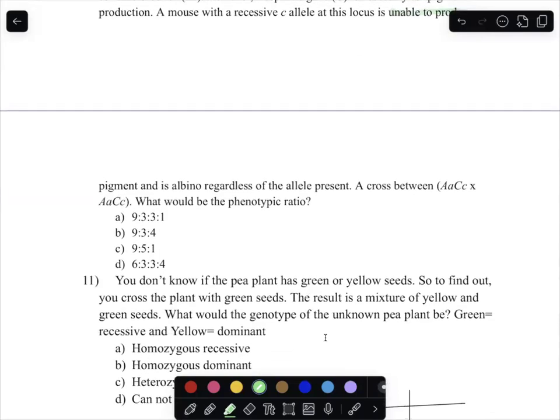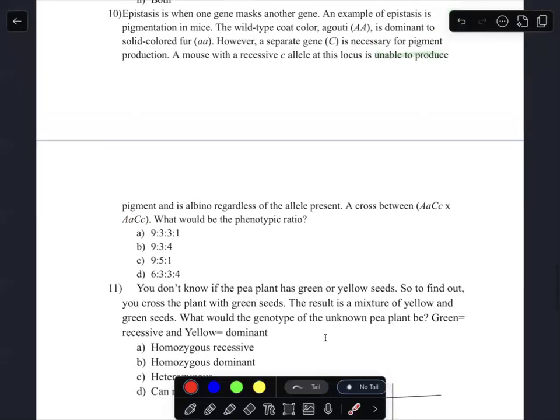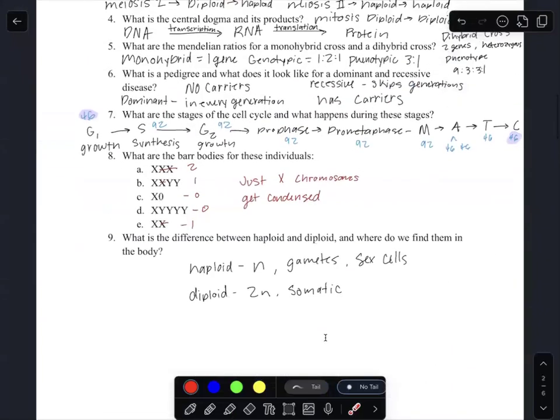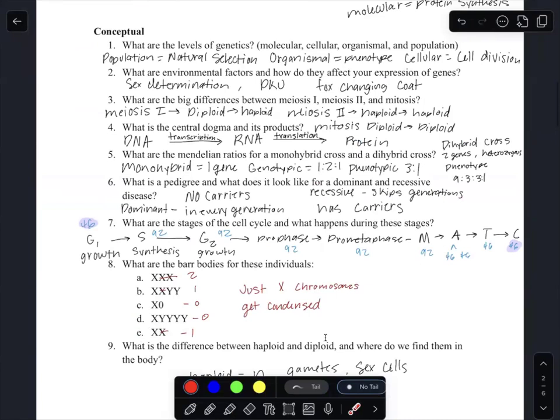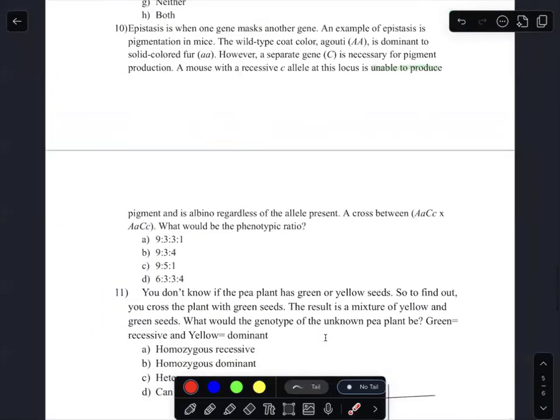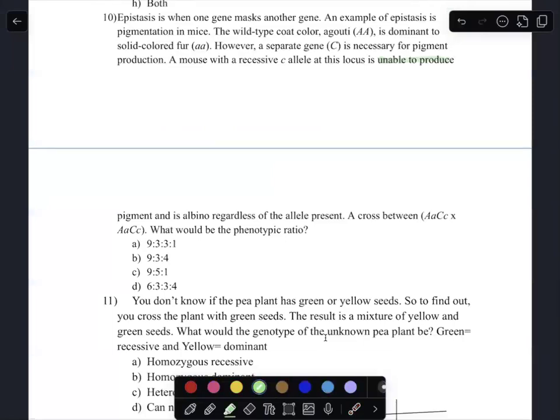So we can tell here that we have two heterozygotes that are being crossed, and this is a dihybrid cross. So if we look back to here, number 5, we can see dihybrid cross heterozygous parents will produce a 9:3:3:1 phenotype. So that will be our answer. 9:3:3:1.